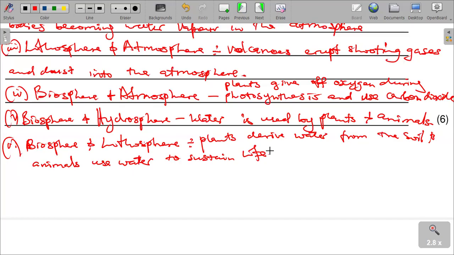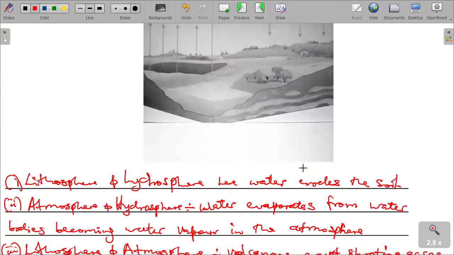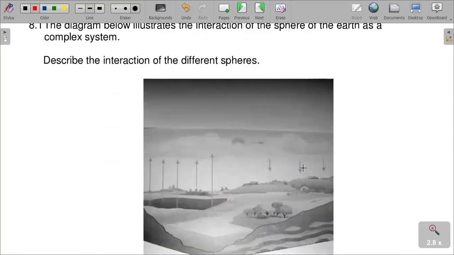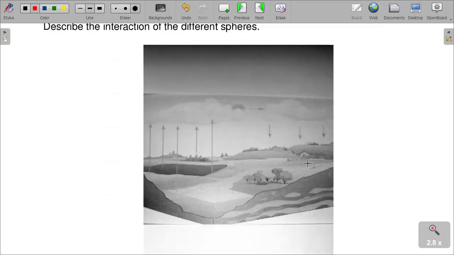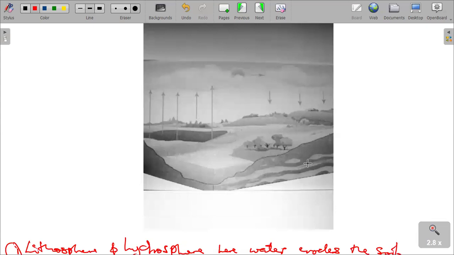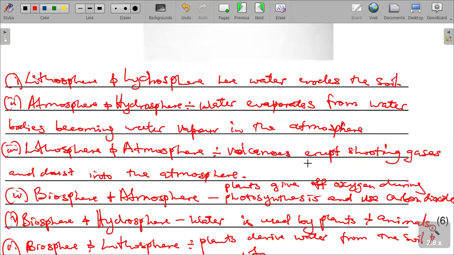These are the interactions, because the question wants you to describe the interaction of the different spheres that are shown by this diagram. You need to relate each of them and show how they relate.